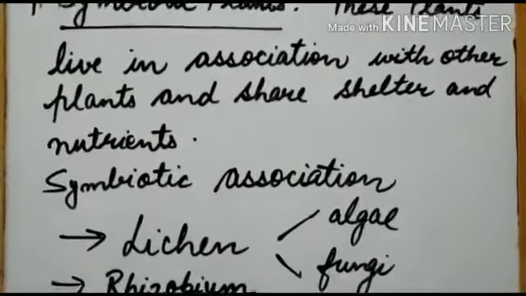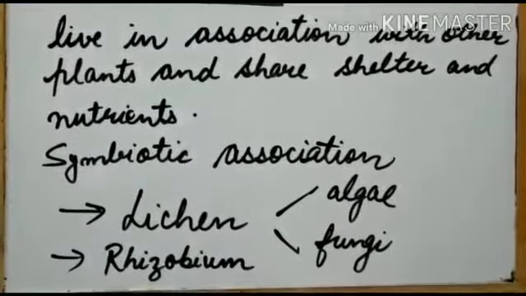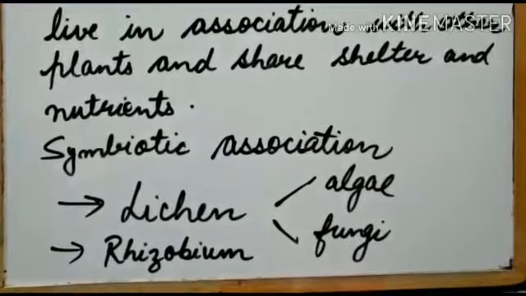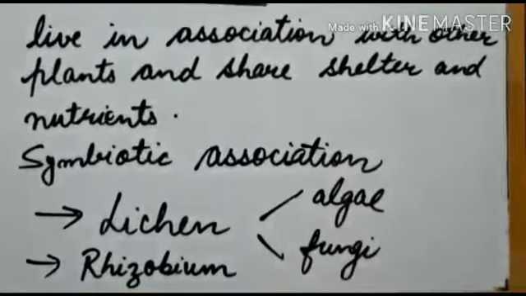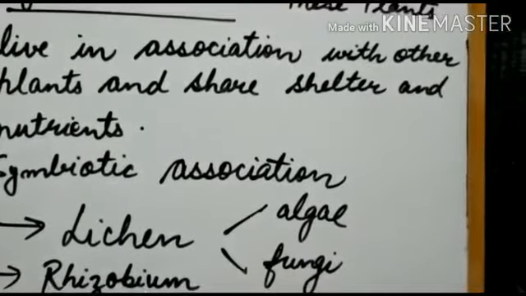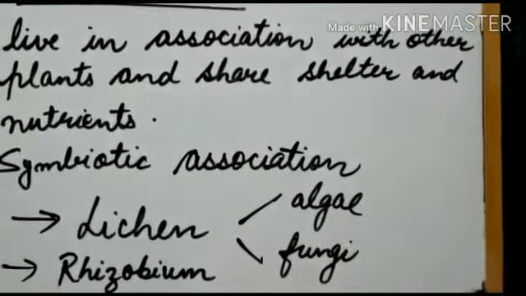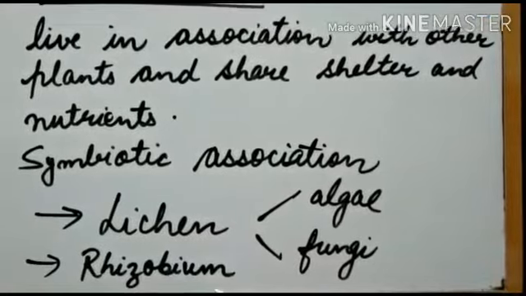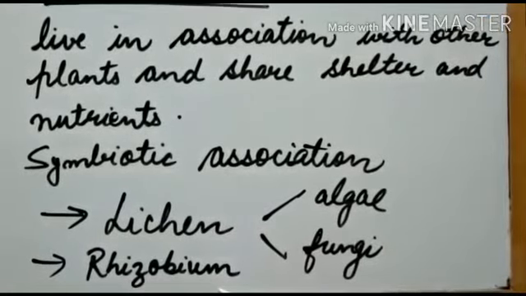Secondly, an example is rhizobium. It is an example of a symbiotic relationship between rhizobium bacteria and leguminous plants like gram, peas, beans, pulses.